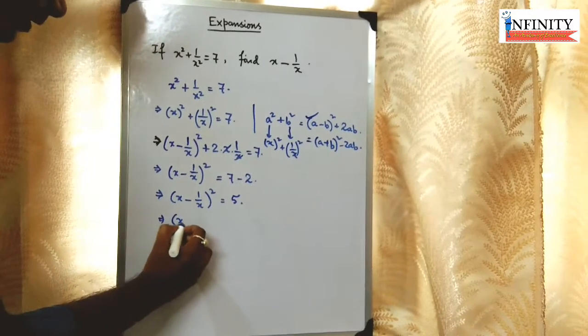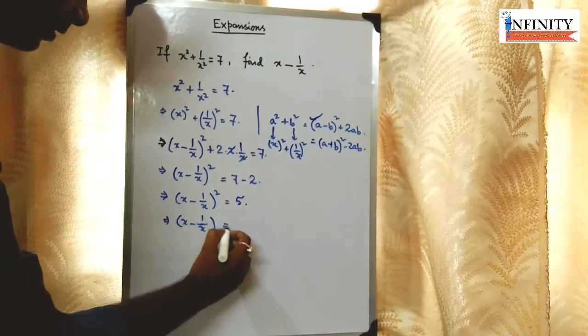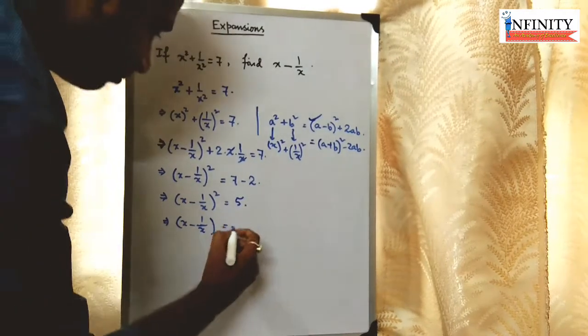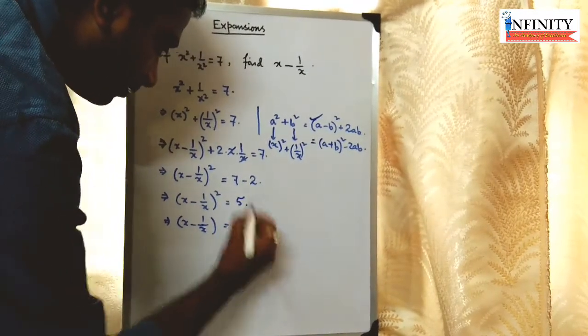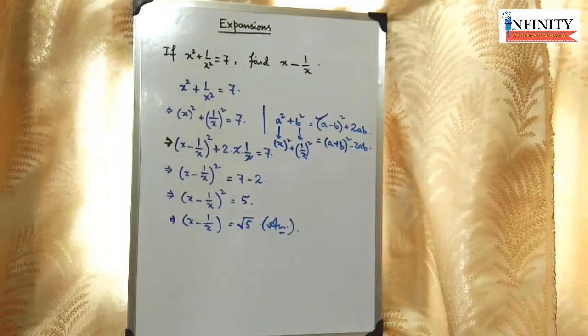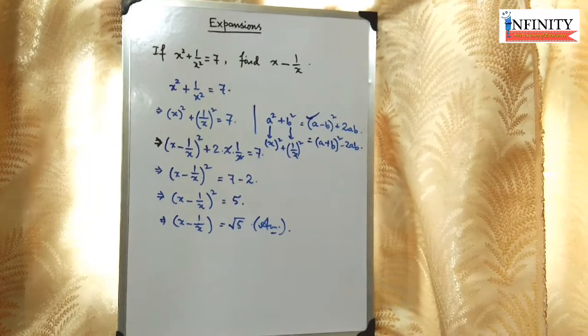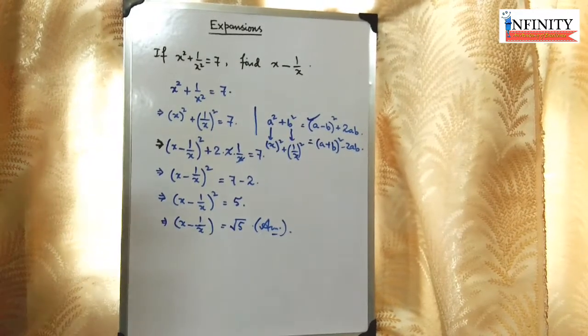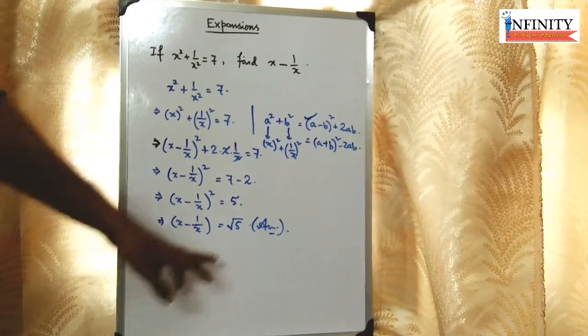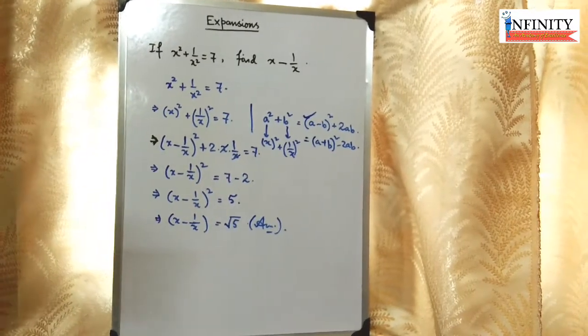So you have to find x minus 1 by x, right? You have to take the square root on both sides. That is nothing but root 5, correct? That is, if x square plus 1 by x square equals 7, then the value of x minus 1 by x is square root of 5, correct?